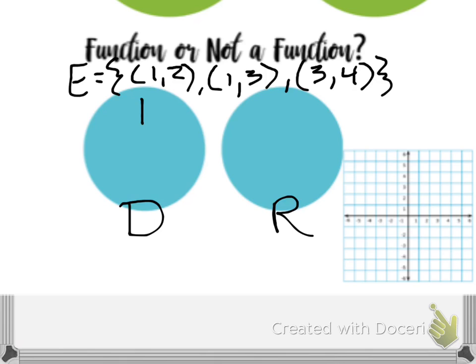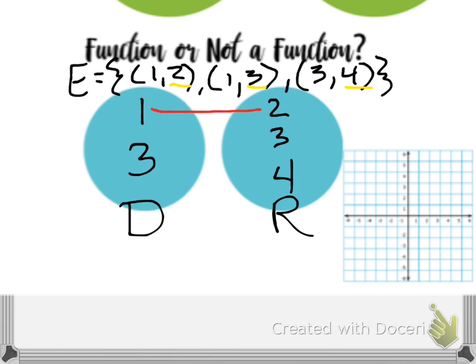And let's look at the range, which is going to be all of your y coordinates. So for the range, I have a 2, a 3, and a 4. So I'm going to list those in the range circle: 2, 3, and 4.